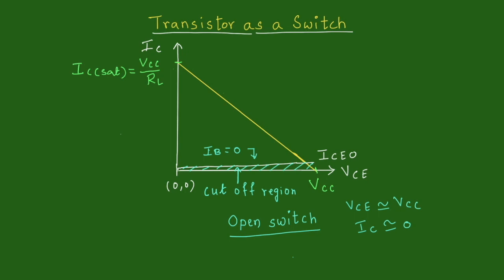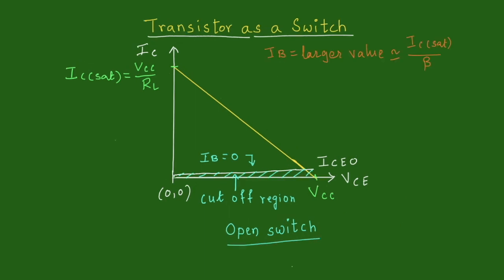Thus, if we select operating point of the transistor in the portion of the load line which comes in the cutoff region, the collector to emitter voltage of the transistor will be approximately equal to VCC and the collector to emitter current will be less than ICEO. That means it will be approximately equal to 0. And so, with operating point in the cutoff region, transistor will act as an open switch.